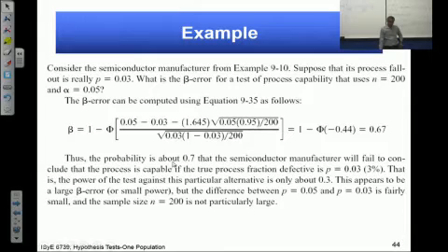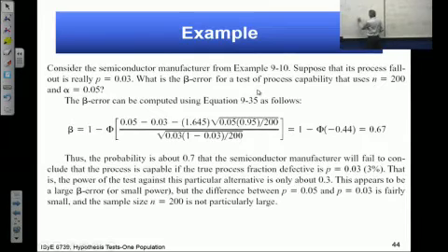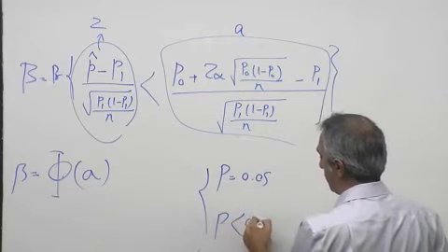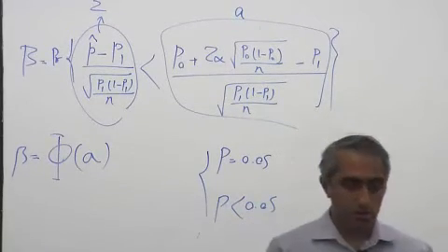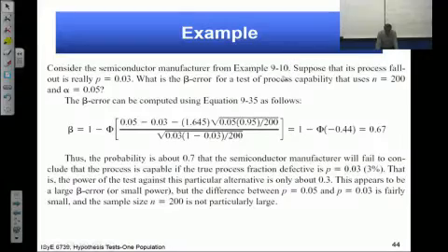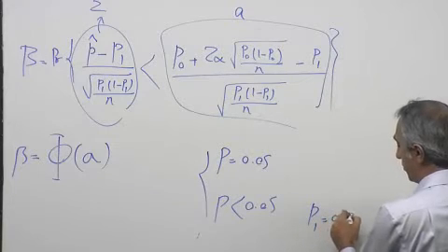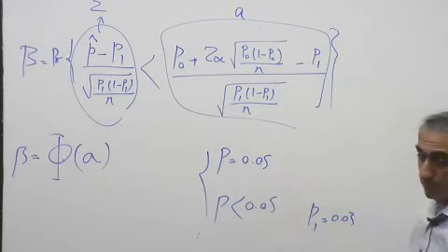Okay? Here is one example. Same example, I think, I erased it. Anyways, for this hypothesis testing, where P is equal to 0.05 or P less than 0.05, you want to calculate beta. So what is the beta error if your actual P, or P1, is 0.03? It's not 0.05, it's 0.03.